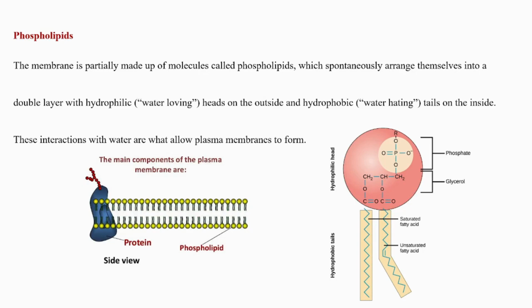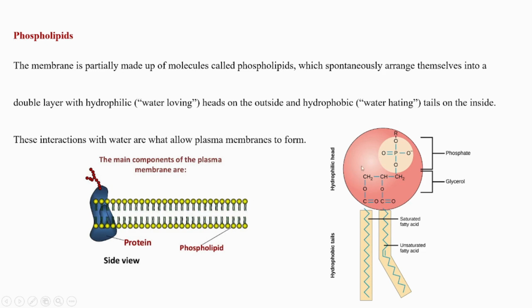So the majority of the plasma membrane is made up of phospholipids. Let us see the structure of phospholipid. The phospholipid has a hydrophilic head and a hydrophobic tail. The hydrophilic head is nothing but a water-loving molecule, and the hydrophobic tail is a water-hating molecule.